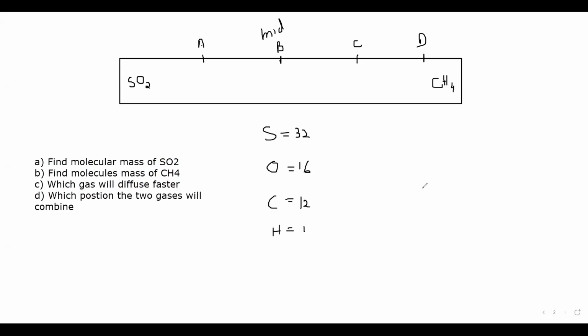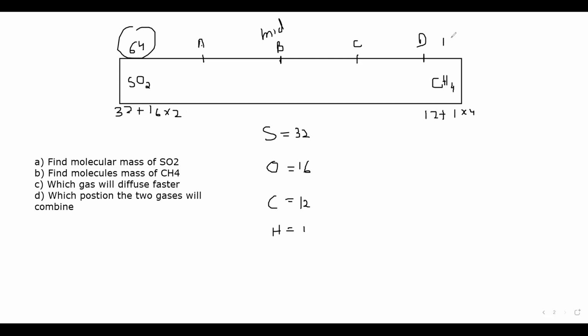So sulfur dioxide is 32 plus 16 into 2. That's 32, so the total will be 64. And this will be carbon is 12 plus hydrogen 1 into 4.